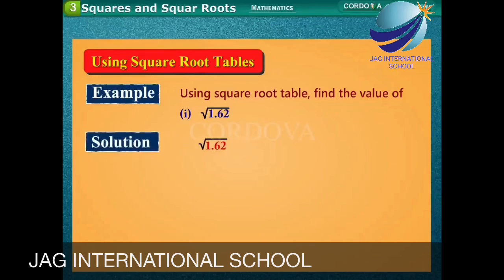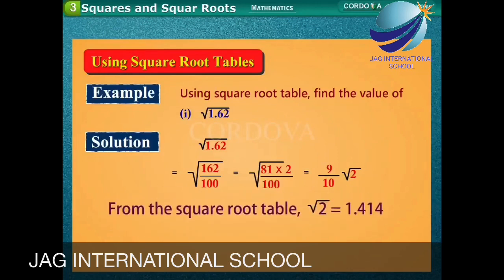Solution. Square root of 1.62 is equal to square root of 162 upon 100, which is equal to square root of 81 into 2 upon 100, which is equal to 9 upon 10 square root of 2. From the square root table, square root of 2 is equal to 1.414.